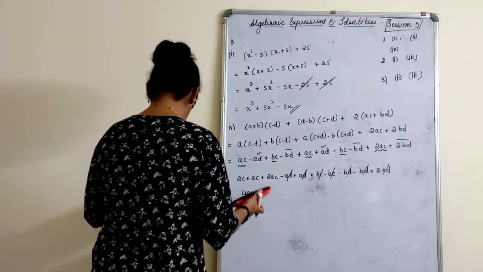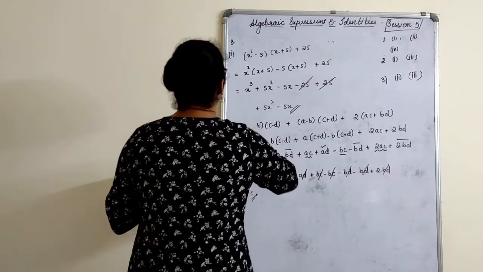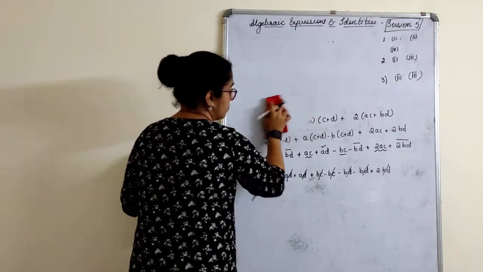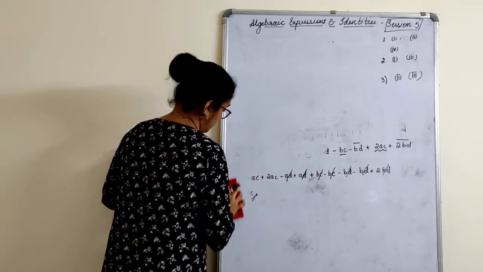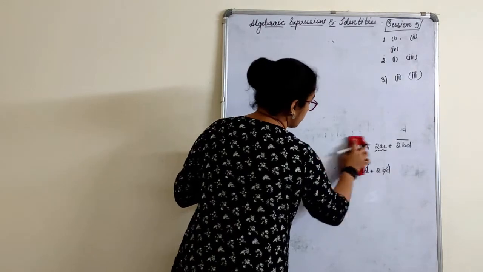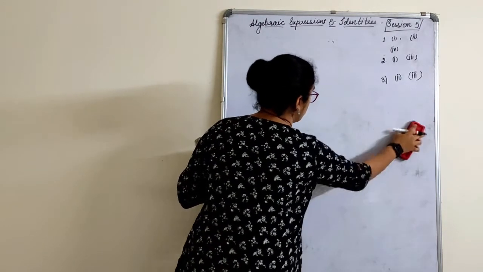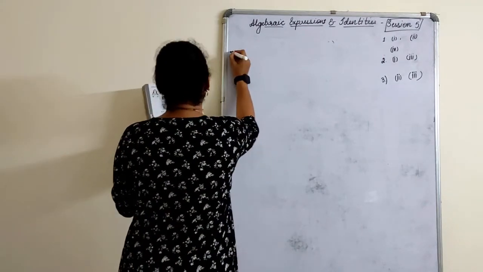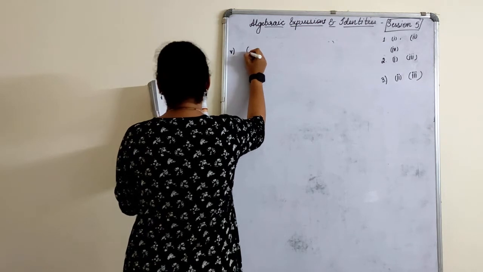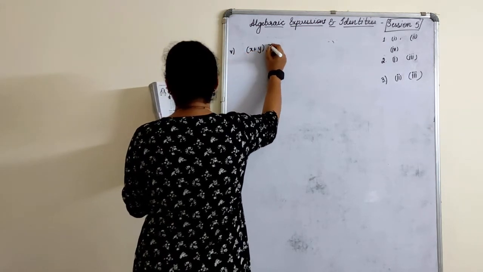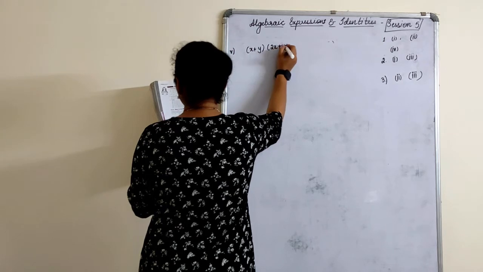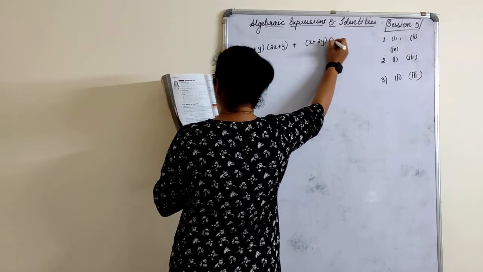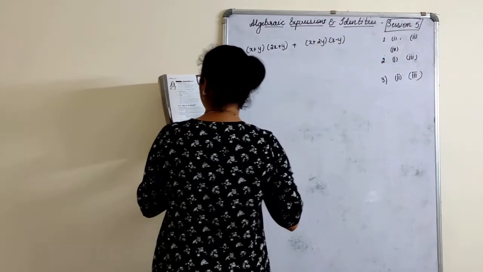Similarly, how we have done this. The next one, that is the fifth one. x plus y, 2x plus y plus x plus 2y and x minus y.